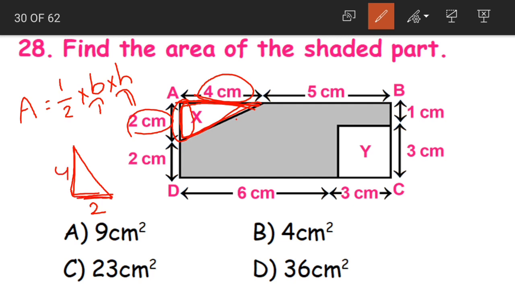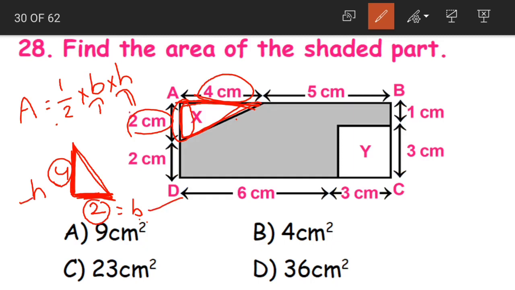Now this is called as the base, children. The bottom part here, on which the triangle is standing, is called as our base. So 2 will be B, and this is called as the height. 4 is the height of the triangle. So we have the base and the height of the triangle.